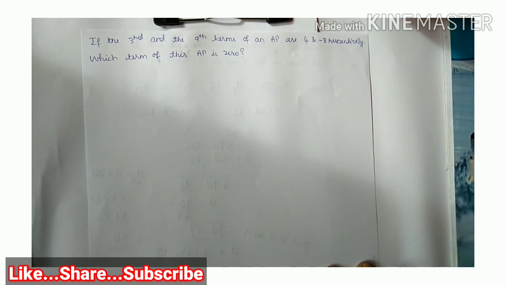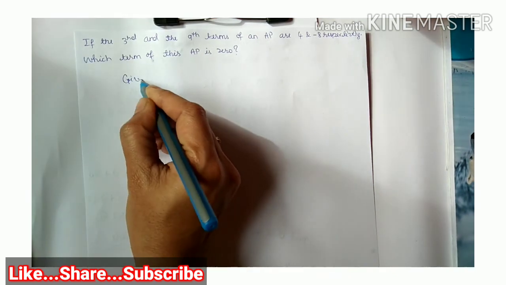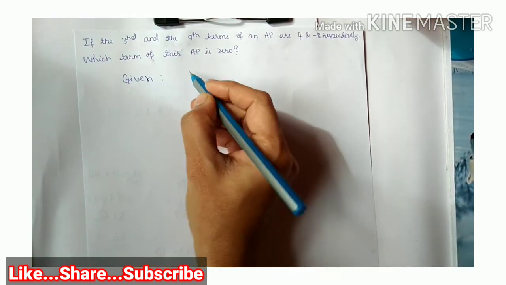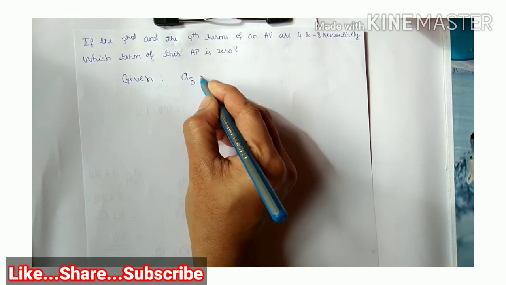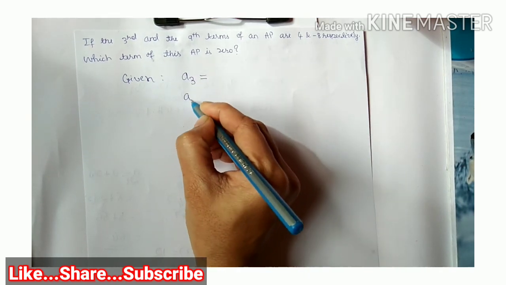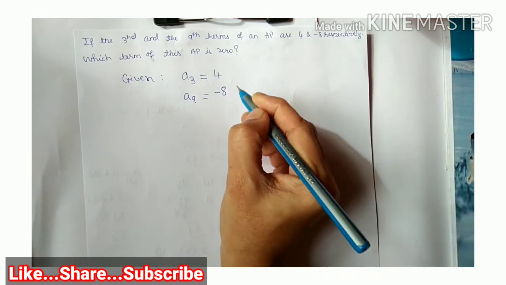Next example: if the third and ninth terms of an AP are 4 and minus 8 respectively, which term of this AP is 0? Given: third term and ninth term are 4 and minus 8 respectively.